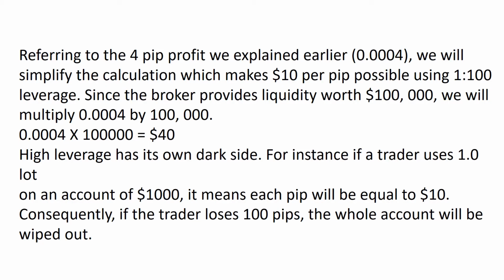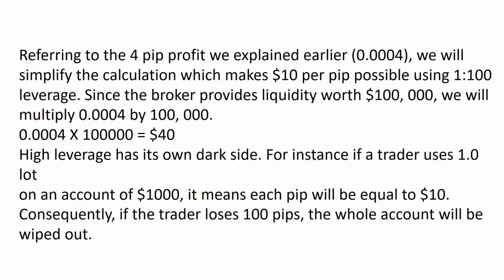Referring to the 4 pips profit we explained earlier, we will simplify the calculation, which makes for $10 per pip possible using 1:100 leverage. Since the broker provides liquidity worth 100,000, we will multiply 0.0004 by 100,000.